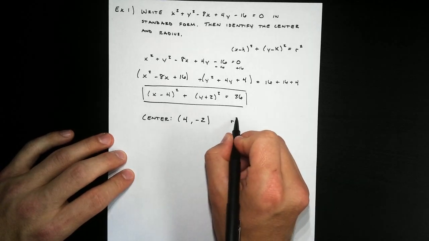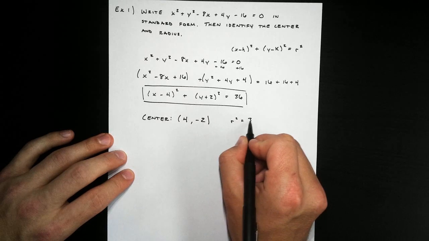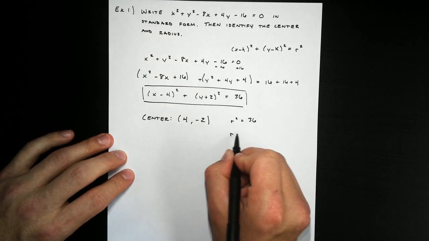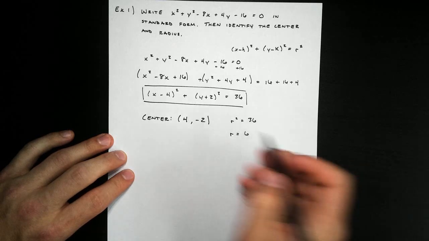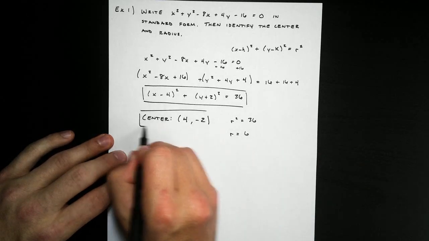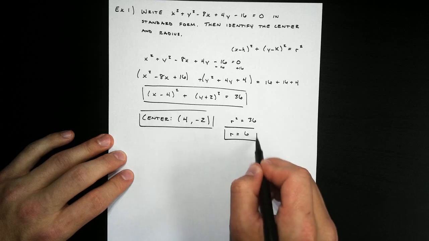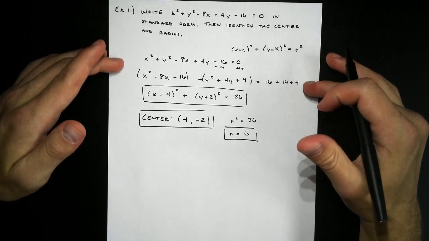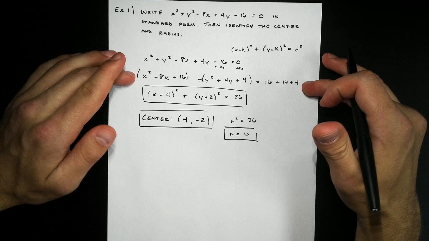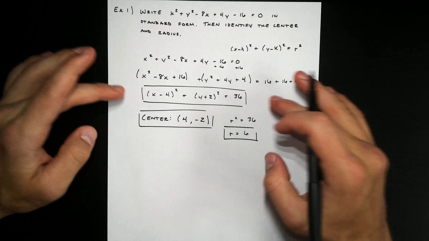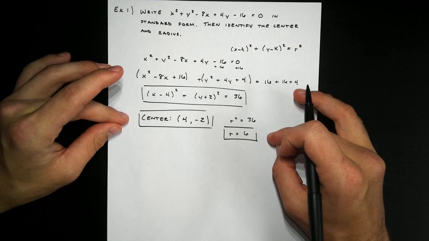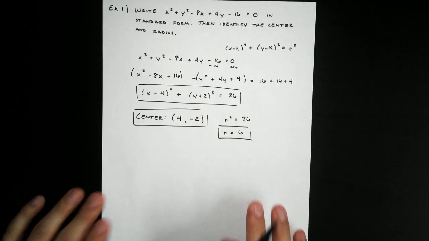And then for the radius, r squared is 36. The square root of both sides means that the radius is 6. So just using a little bit of algebra, a little bit of completing the square, we can go from general form to standard form, and then from there it's easy to see what the center is and what the radius is.